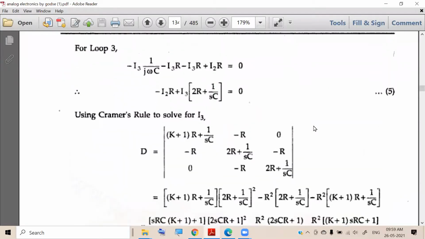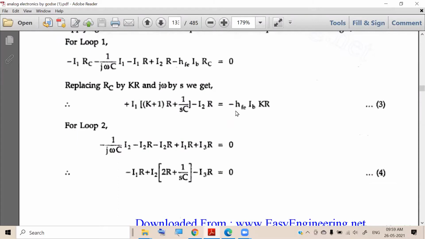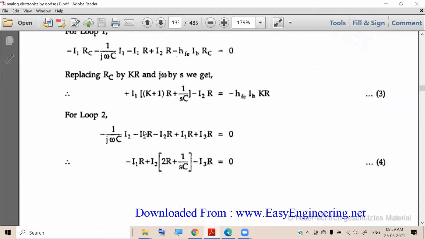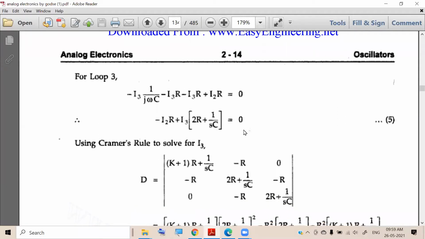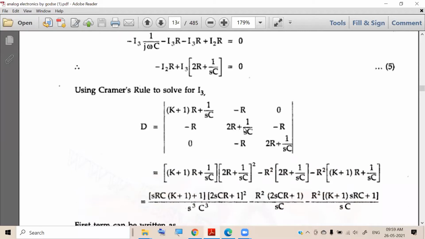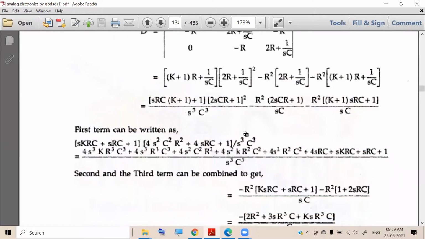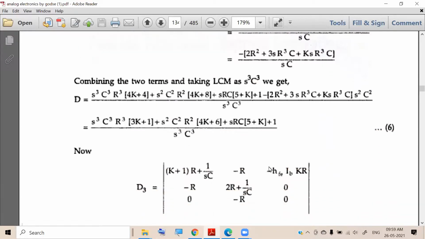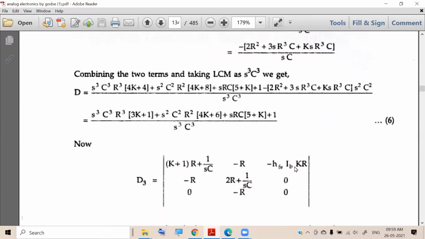The RHS is: first equation, minus HFE IB into KR; second equation 0; third equation 0. So D3 has the third column minus HFE IB into KR, 0, 0.